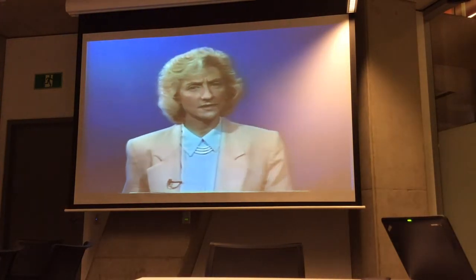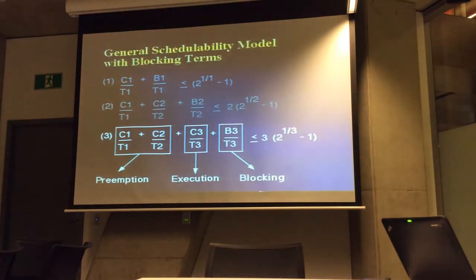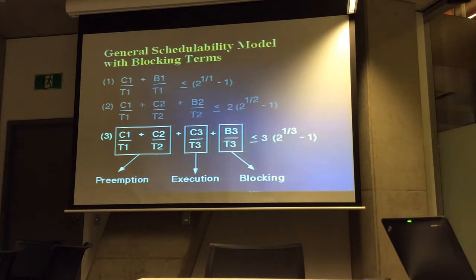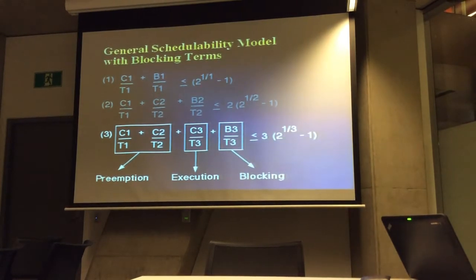Now let's look at the general schedulability model, which incorporates blocking. When we include blocking, we must apply it to each task, considering for that task its preemption factors, if any, its own execution, and its blocking factors, if any. For those of you who may have noticed, let me explain why the blocking factors are a single term.